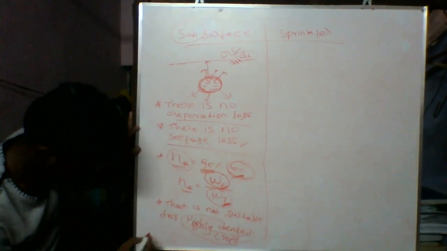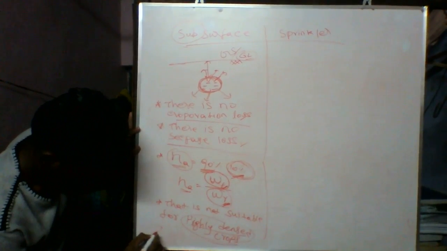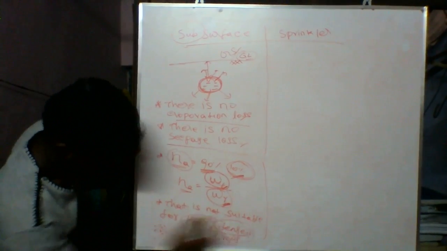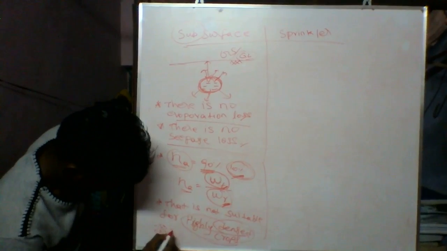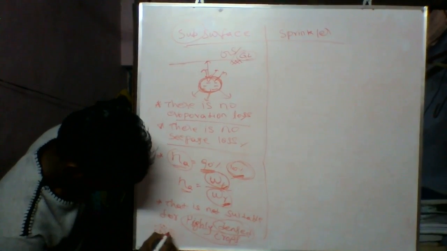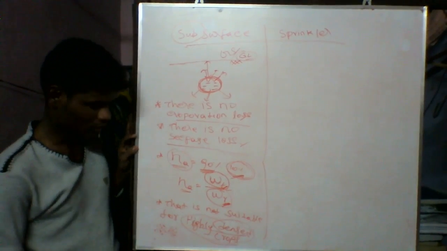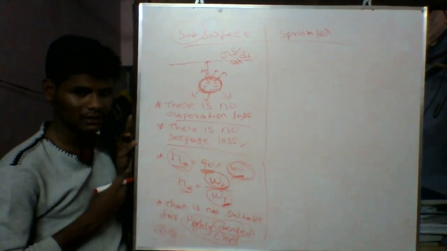Highly tensed crops means rice and wheat. Tense means a lot of plants are near each other. So this is not suitable for highly tensed crops.